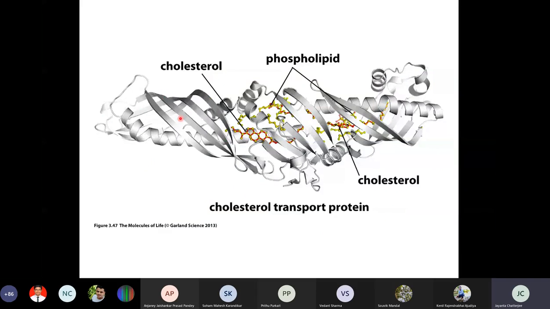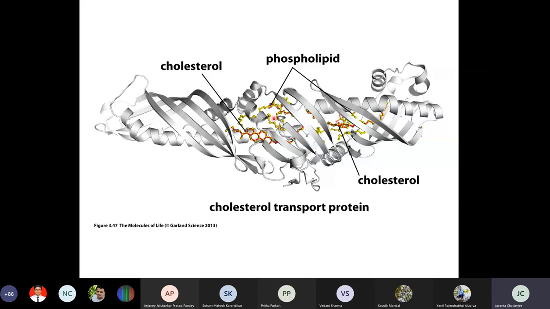Likewise, there are also proteins which transport cholesterol. Cholesterol is involved in many other signals, besides structurally inducing some rigidity of the membrane. So there are cholesterol transport proteins. In this red backbone, this is a cholesterol molecule, and there is another cholesterol molecule present here.